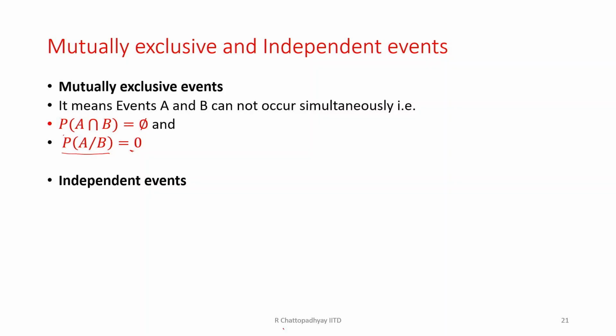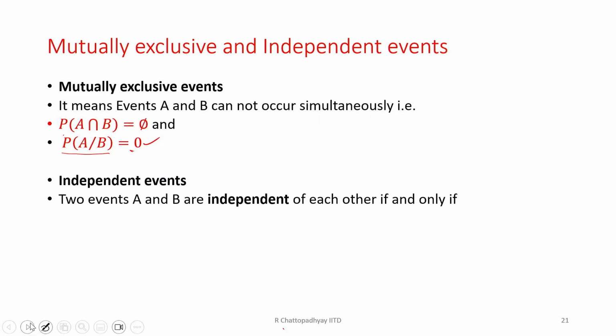If the two events are mutually exclusive, their intersection is going to be 0, and their conditional probability, P of A given B or P of B given A, is also going to be 0, because these two are not together.